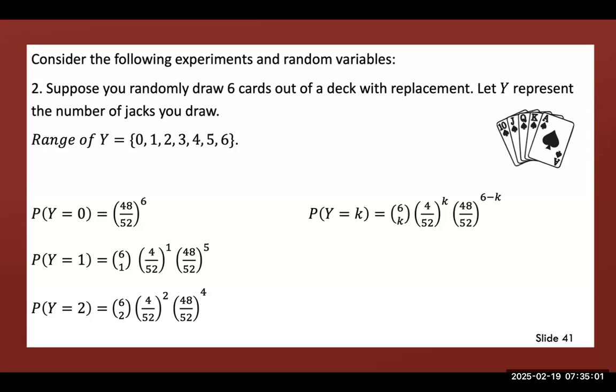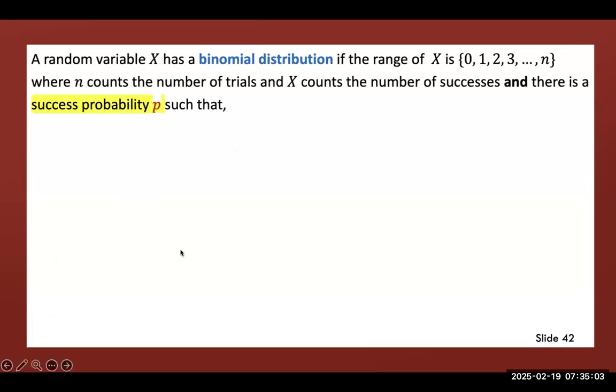So in general, a random variable has a binomial distribution if the range is 0, 1, 2, 3, all the way to however many trials you have, and x counts the number of successes. There is a success probability p. In our last example, it was 4 out of 52, but this is more generalized.